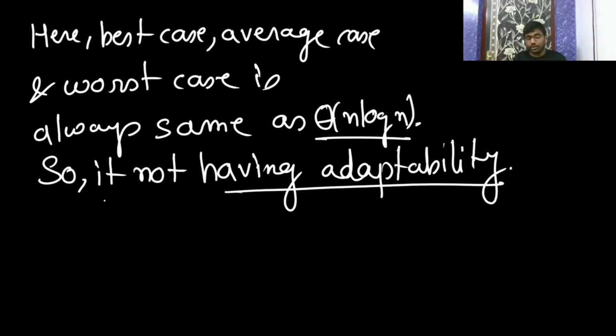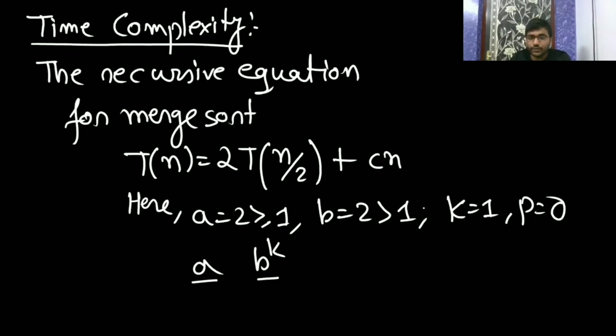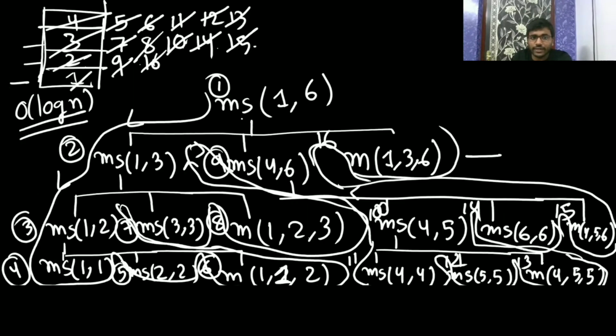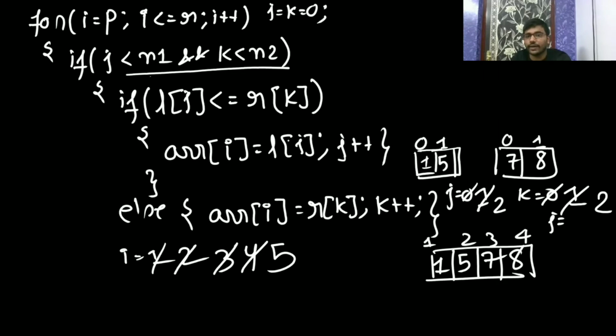Now, it is a stable sort. It is a stable sort because it is able to maintain the relative position. That's why in merge I have written smaller than or equal to. If I give you a 1 here and a 1 here, then 1 is smaller than or equal to 1, so the left array value will go into the array first.